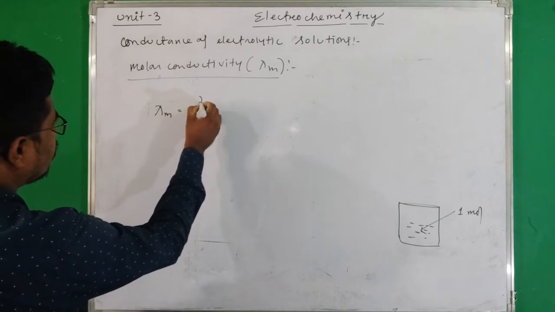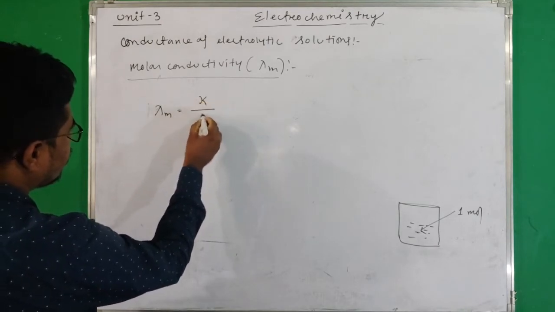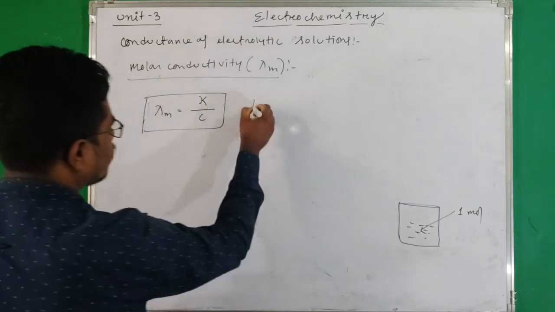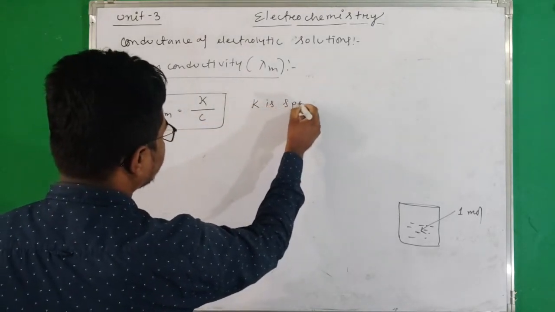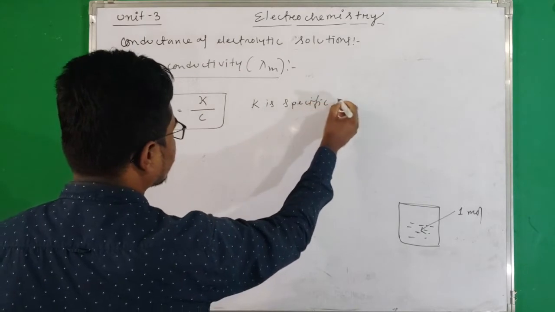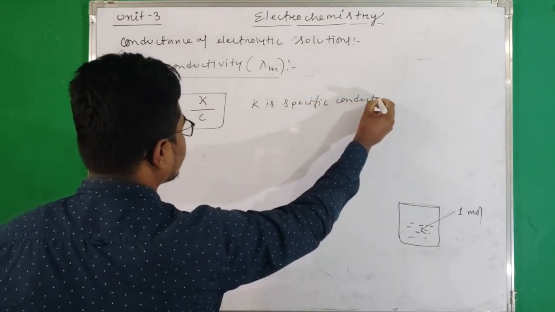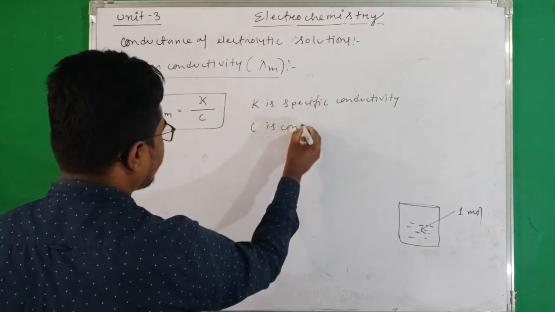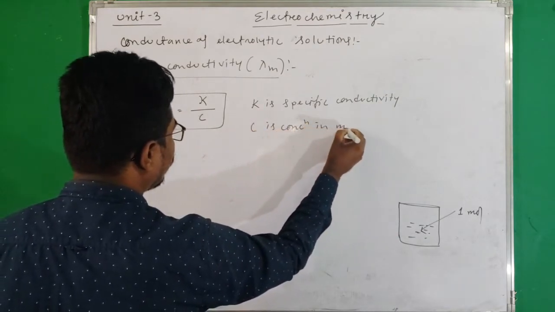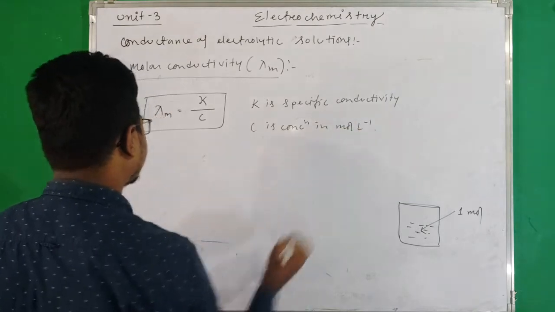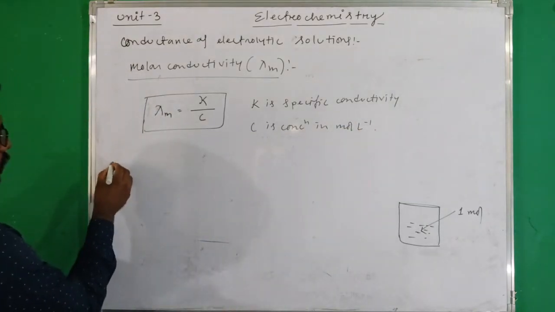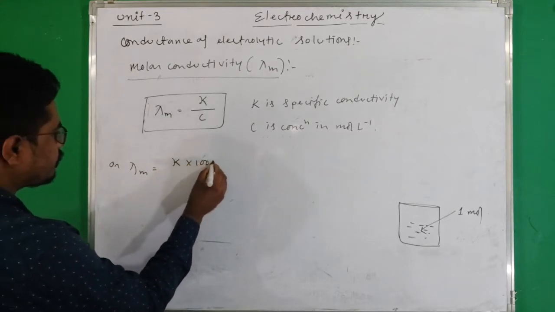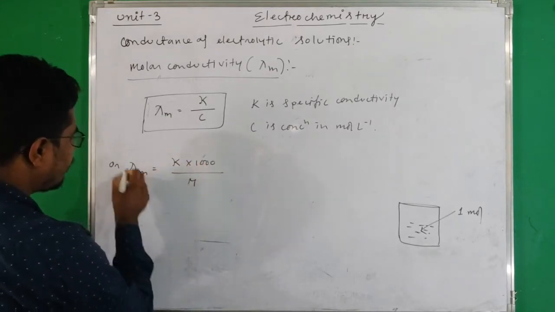molar conductivity and specific conductivity is this one, lambda m equal to kappa divided by C. Here kappa is specific conductivity, and C is concentration in mole per liter, or lambda m equal to kappa into 1000 divided by m.